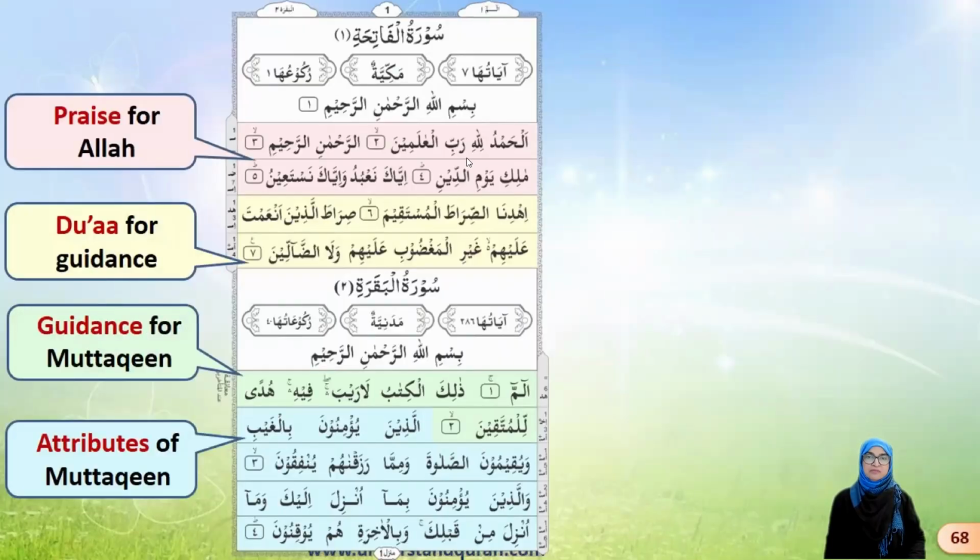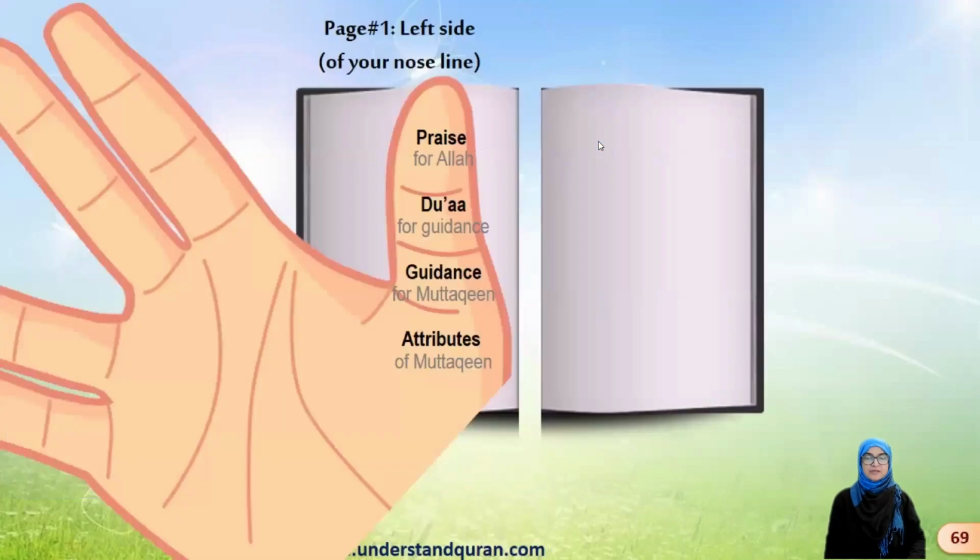In this page 1, we have 4 pointers. 2 pointers are for Surah Fatiha and 2 pointers are for Surah Baqarah. So look here. Got it? All right. If you put your hand on the left side of your nose, like this, and you look at it, you are going to look at the first one.